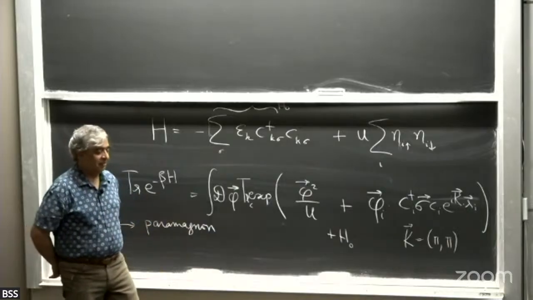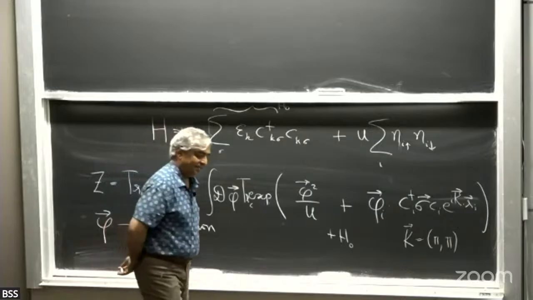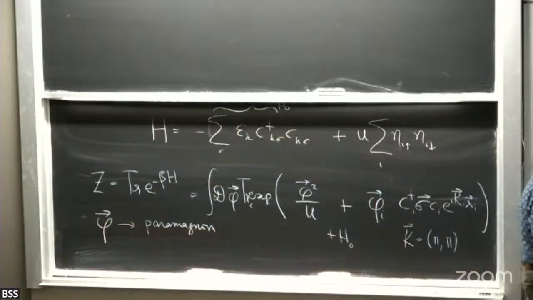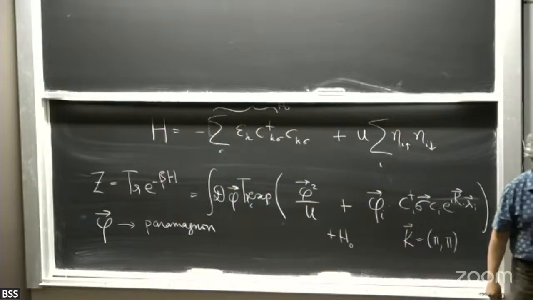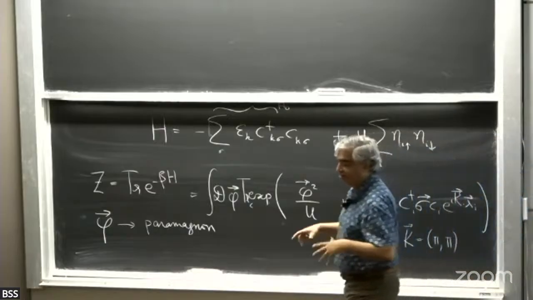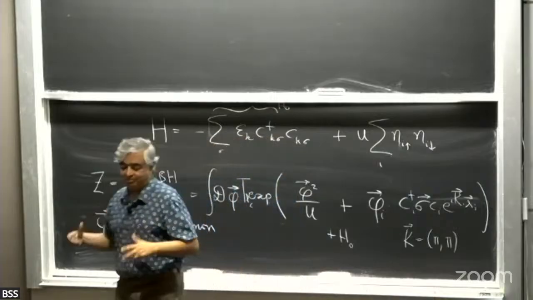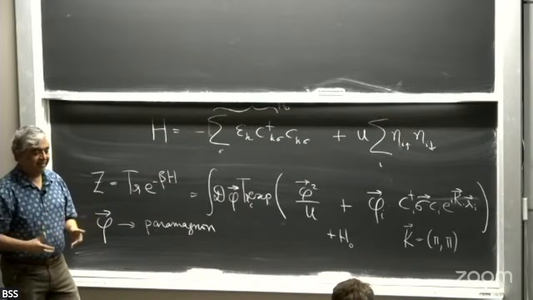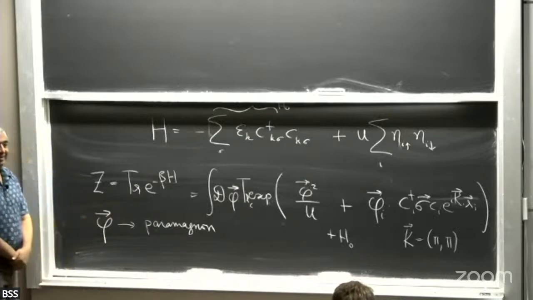That's where the paramagnon theory has its origin, for superfluidity in that case, where people found that it was the ferromagnetic fluctuations of helium-3 that became very strong, and that led to pairing. In that case, because it's ferromagnetic, it led to triplet pairing, spin 1.